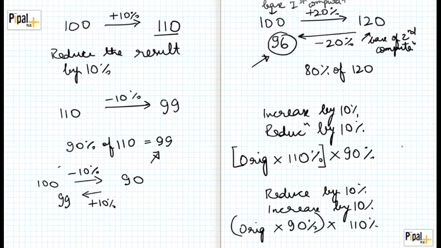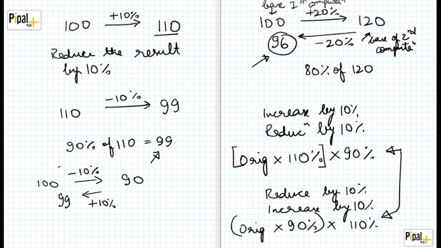So essentially this computation and this computation are exactly the same. It's just the order of my multiplication which has changed. So it doesn't matter whether you reduce something by a certain amount and then increase the result, or increase something first and then reduce.